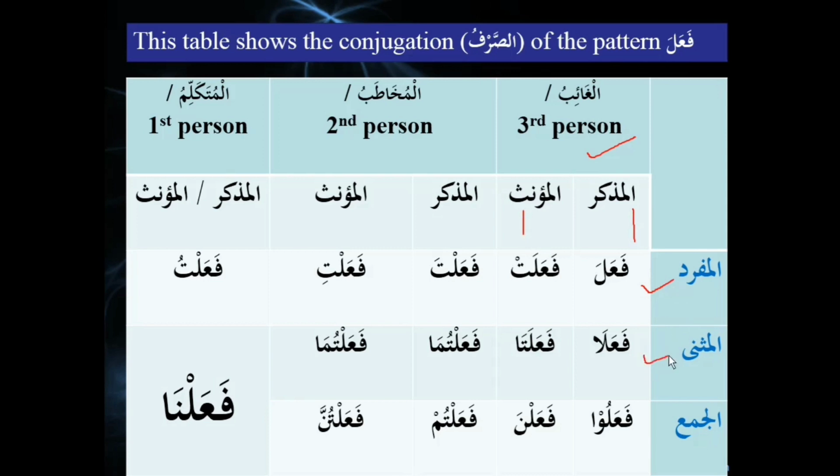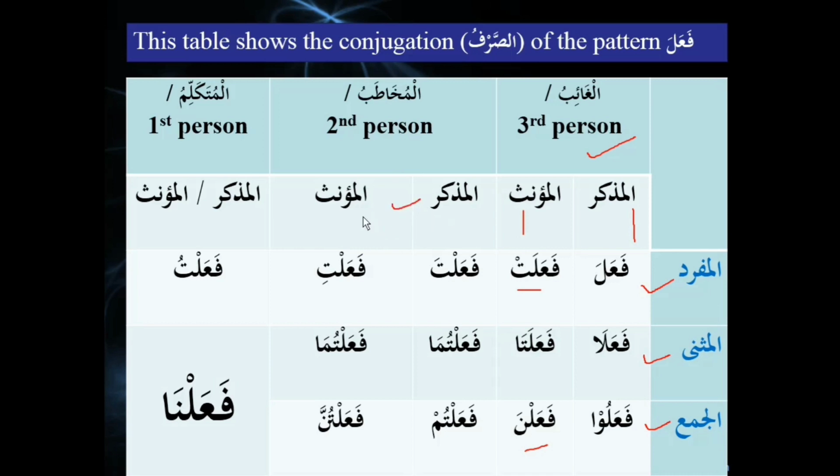The second one is for musanna, that is dual, and the third one is for jama, that is plural. The first one is fa'ala, then fa'ala, then fa'alu. For muannas, we have fa'alat, fa'alata, and fa'alna.